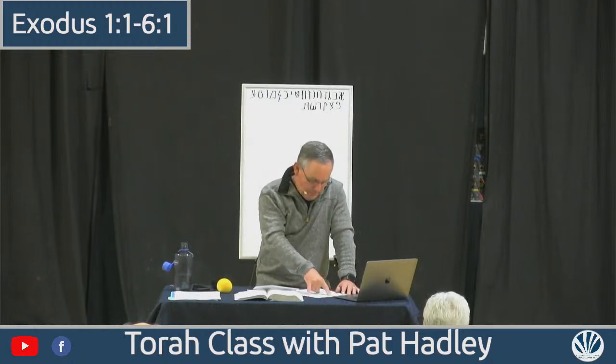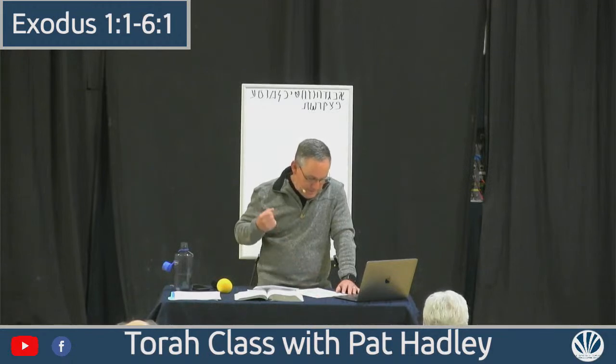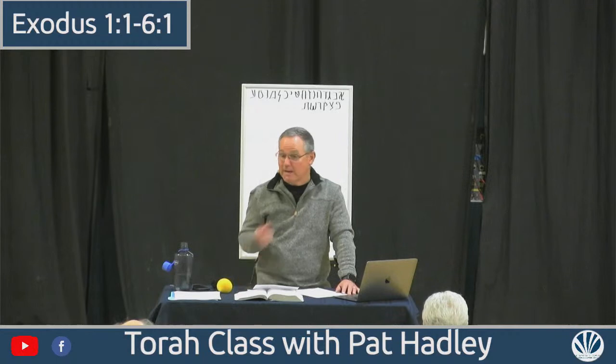Now, Yud-He-Vav-He, or Yehovah, is known in Greek and in theological languages as the tetragrammaton, okay? It means in third person, he is who he is and he will be who he will be. It doesn't mean I am.